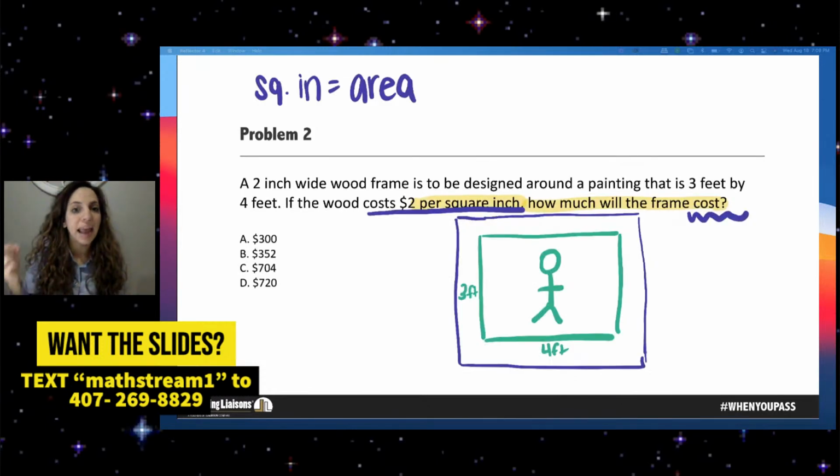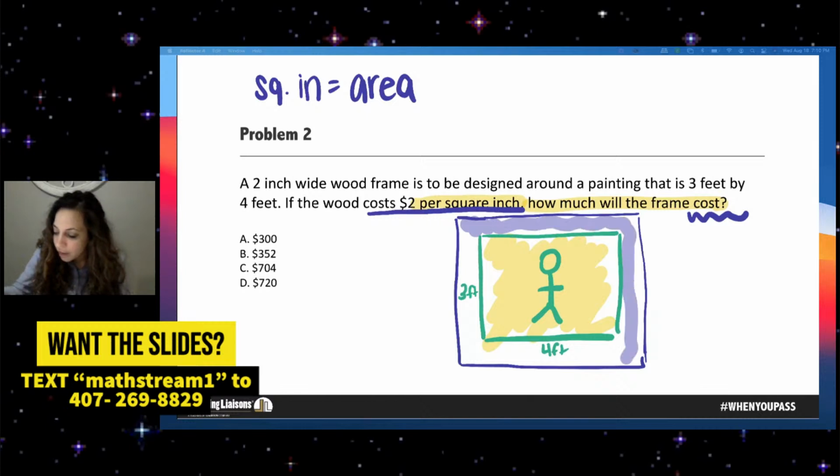So we have to find the area of only the frame, not the painting. We don't need to know what the area of this painting is because that's not going to be included in the cost. We need to find the area of just the frame because that's what we're paying for the wood.